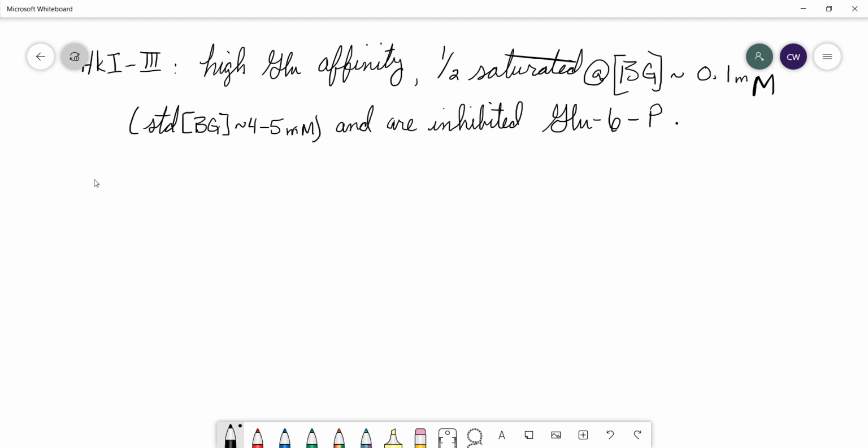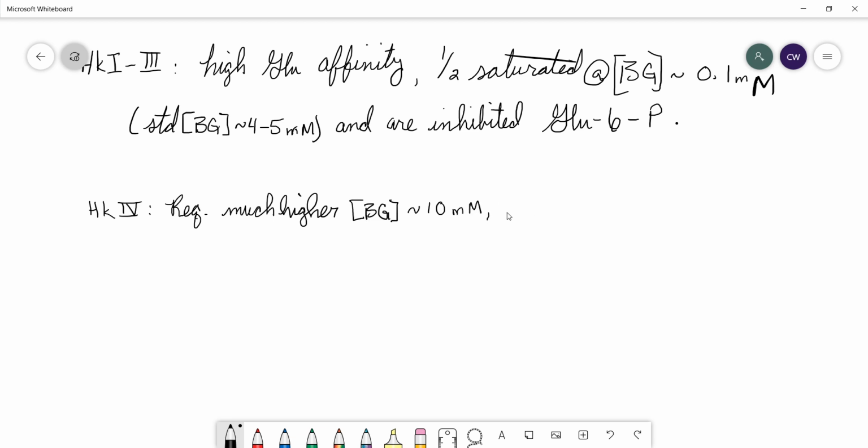Hexokinase 4 is different. It requires a much higher blood glucose level, something on the order of 10 millimolar.